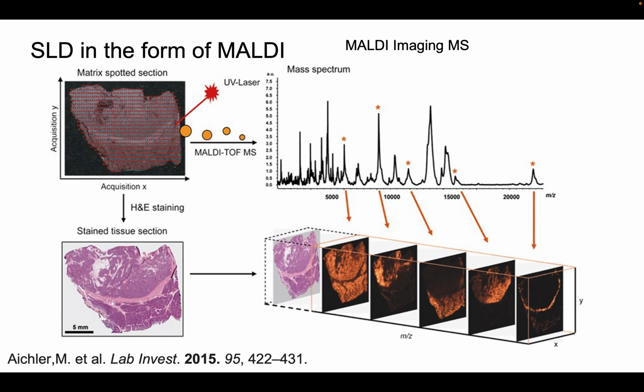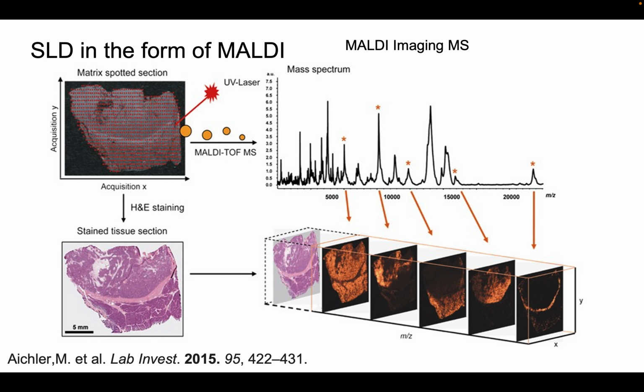So here, a conventional tissue section is coated with a matrix, which extracts molecules from the tissue using MALDI-TOF. Afterwards, the sample is measured in a raster process in the mass spec, resulting in the spatially resolved mass spectrum.